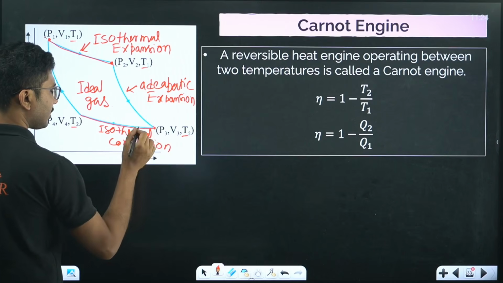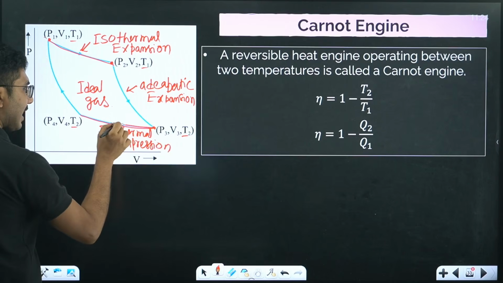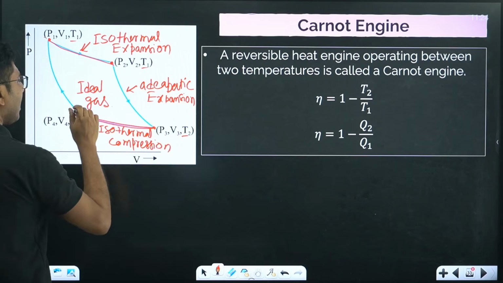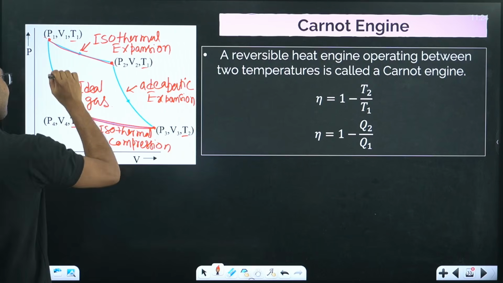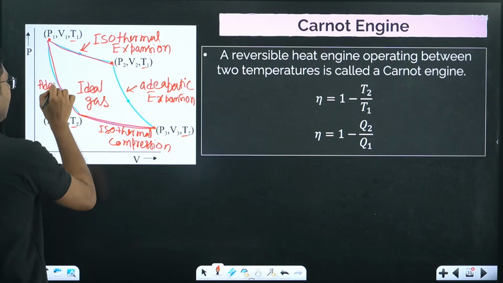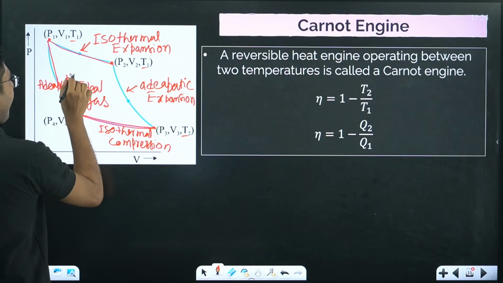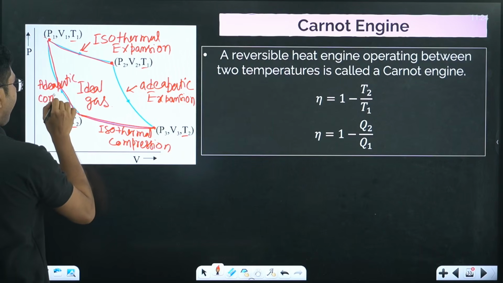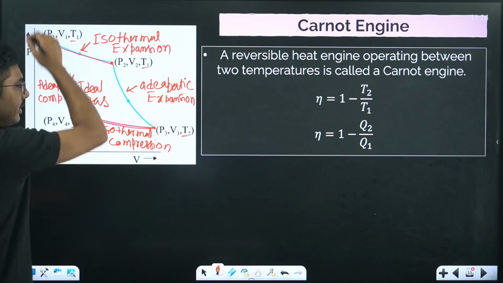The gas is slowly compressed, then you allow the compression to happen suddenly. That is an adiabatic process, adiabatic compression, and this is a cycle that continues to happen.